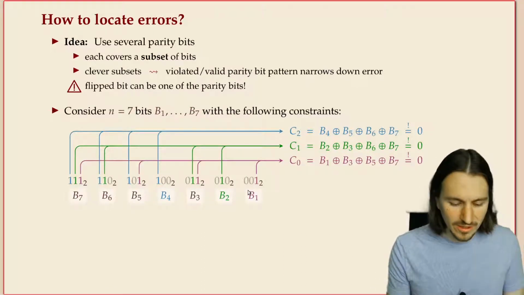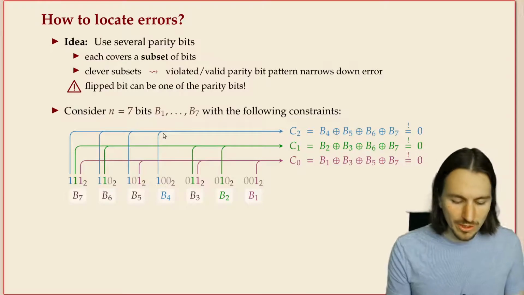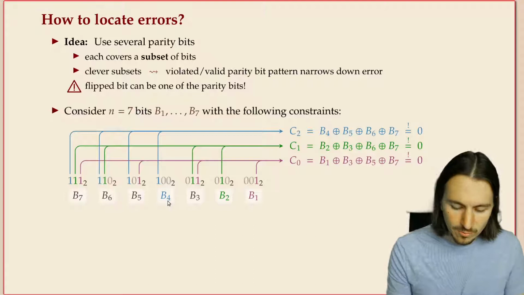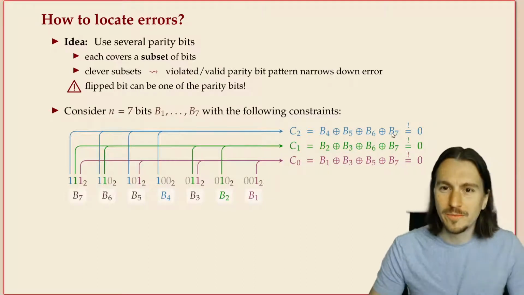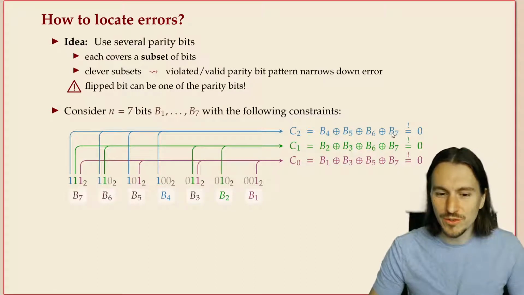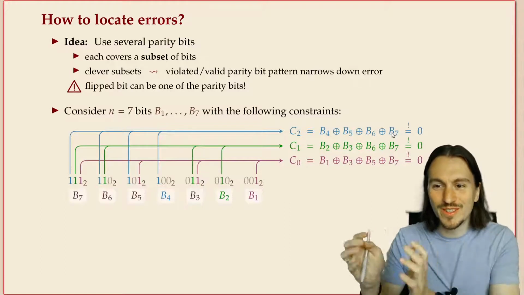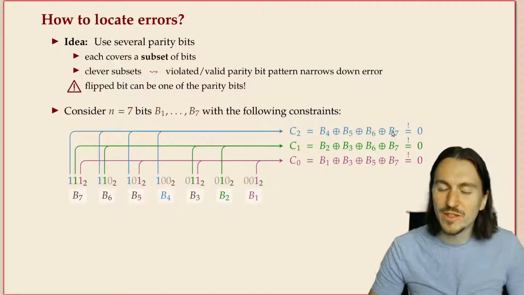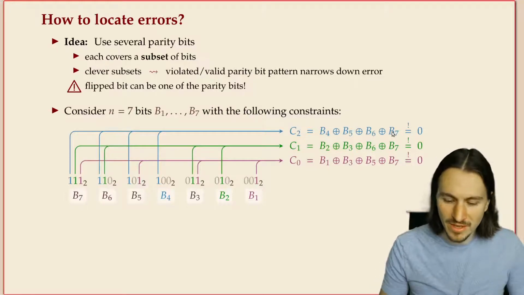And how does that work? Well, the blue checking bit just takes the first 4 positions and takes their parity. Remember, taking XOR, first of all, it's associative, so you can do this in any order you want, as long as you're grouping the same bits at the end.